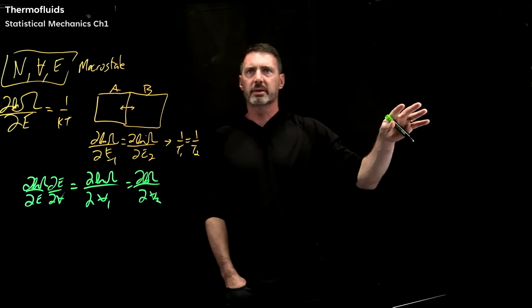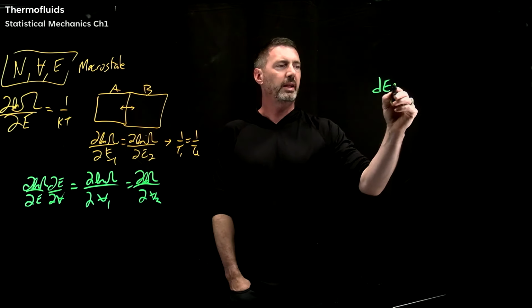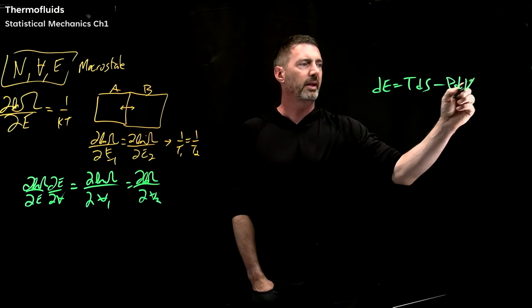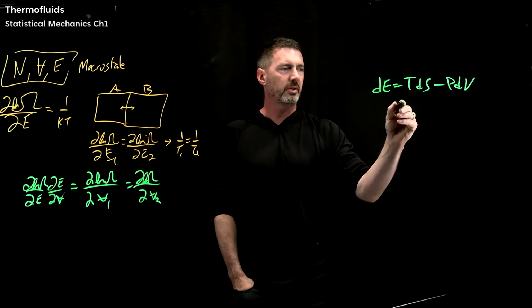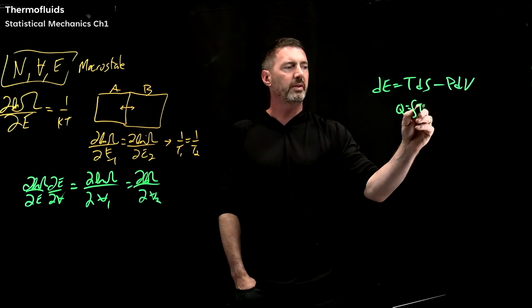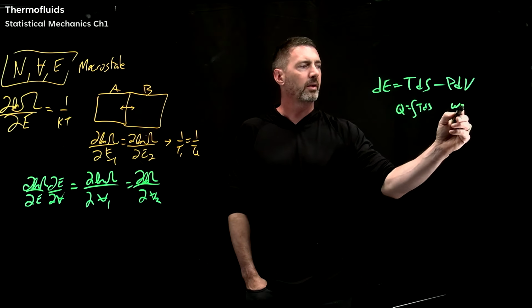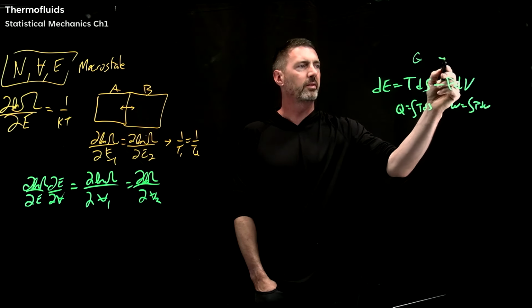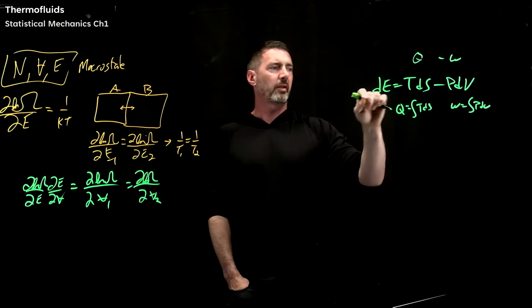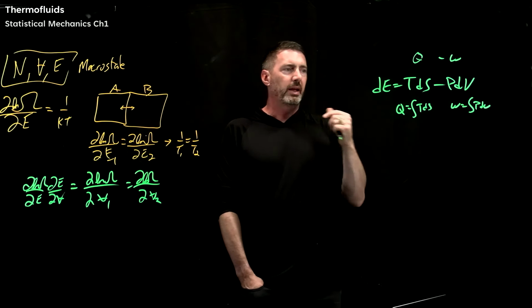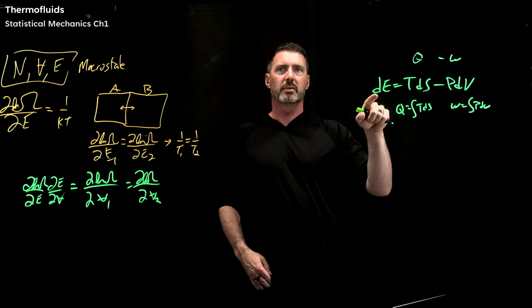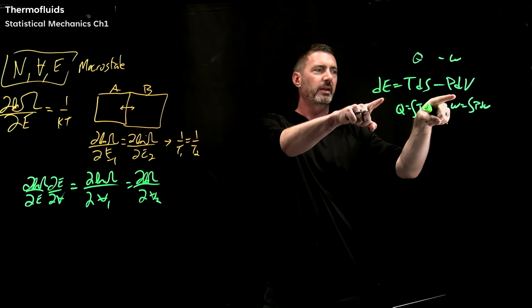I actually want to go back to where we've already been. If you remember the equation of thermodynamics, dE is T dS minus P dV. And remember we said this is our Q, so we have Q as the integral of T dS, just like work is the integral of P dV, such that this is Q minus W. So if we're taking a look at the energy with respect to V, what is dE dV?